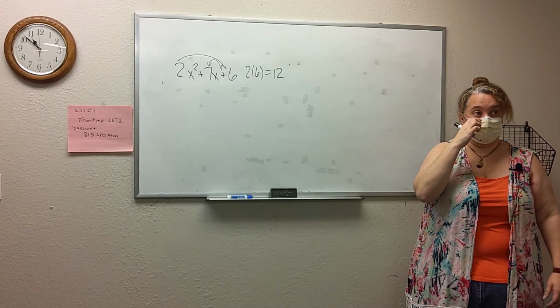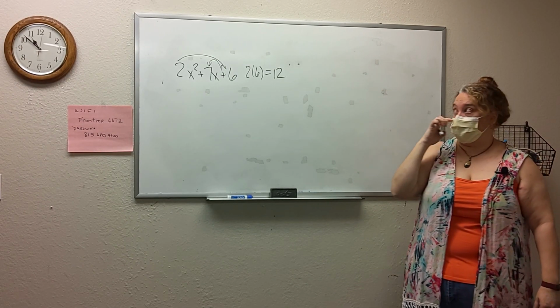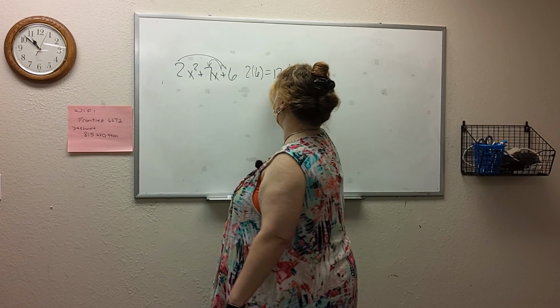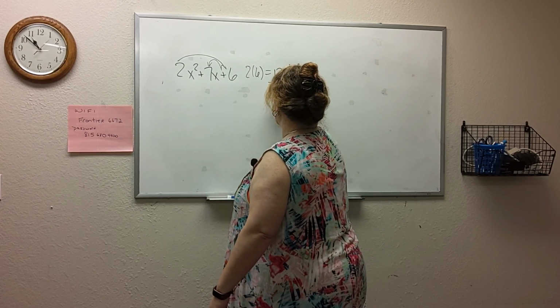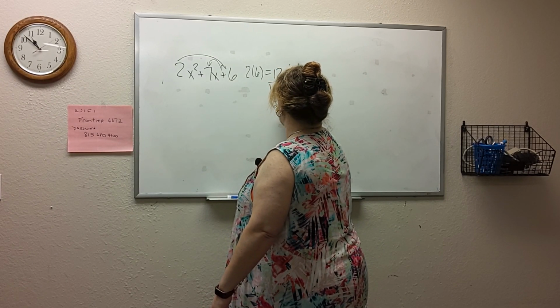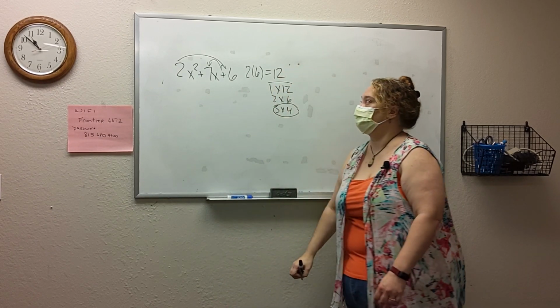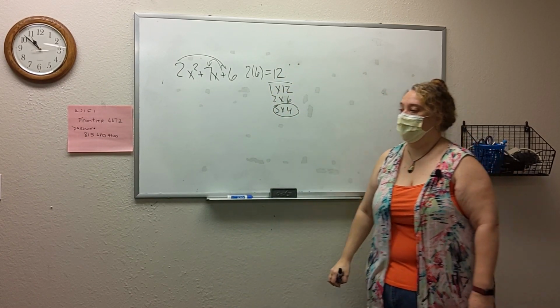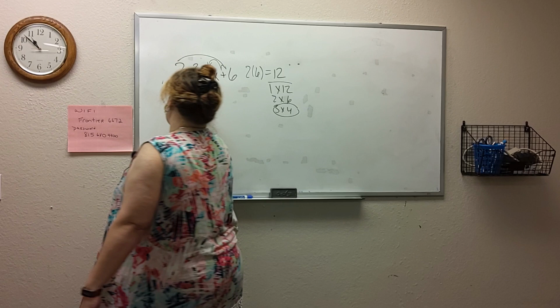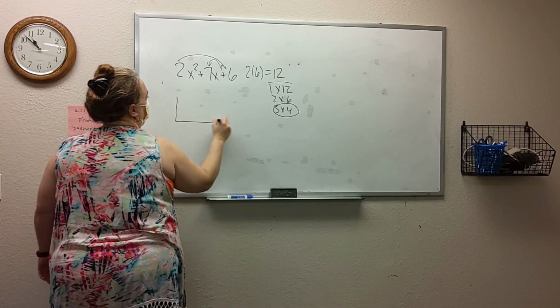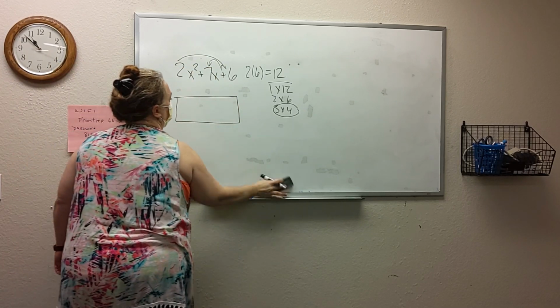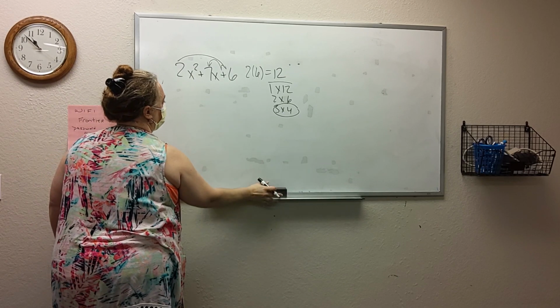Once you get to 12, you work right to left. So factors of 12 that add to give me 7. 1 times 12, 2 times 6, or 3 times 4. So 3 times 4 adds up to 7, so I'm going to use the 3 and the 4. Once you have that, you draw the spiffy box for which the box method is named.